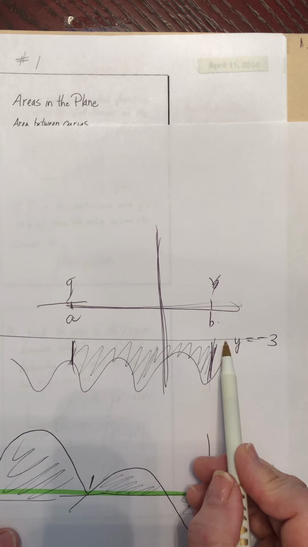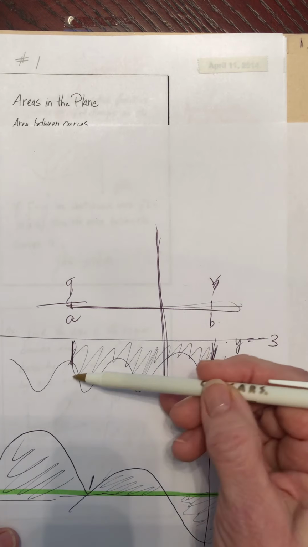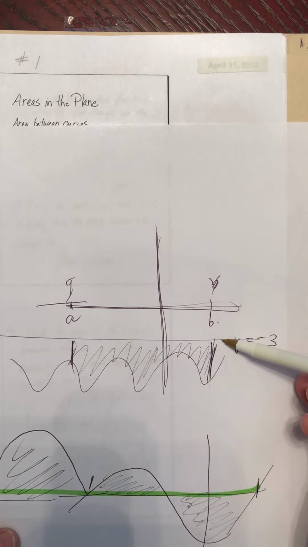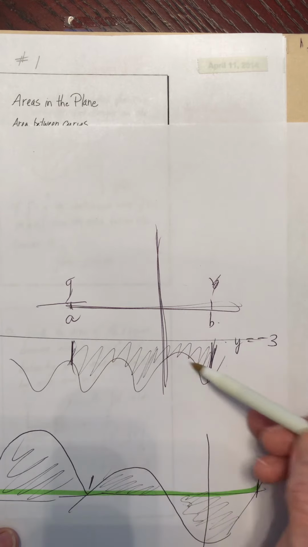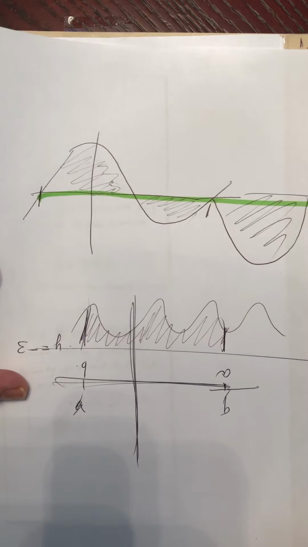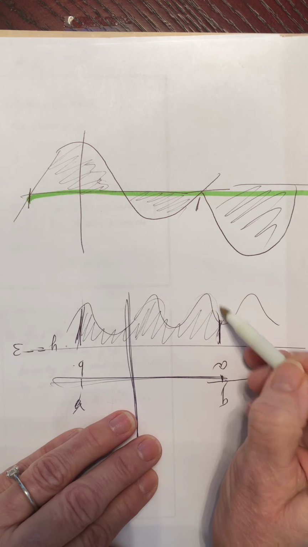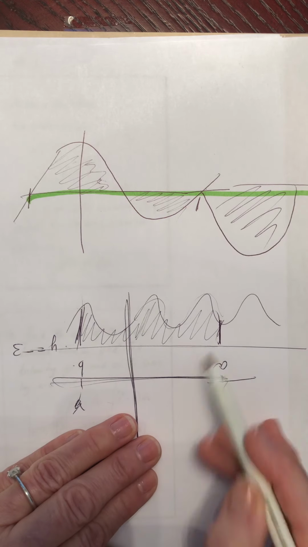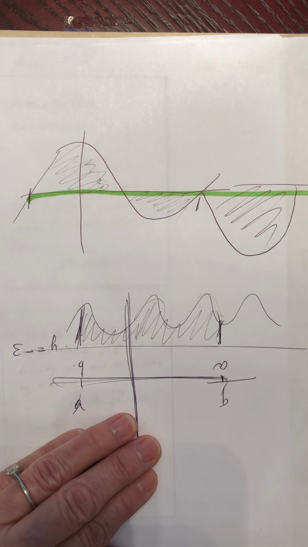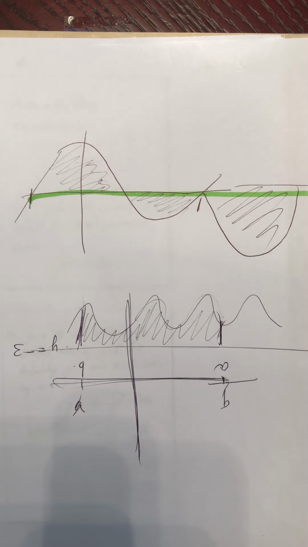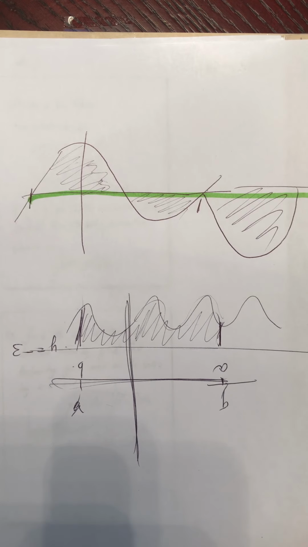This line right now is always higher than this line, so I would call this my high function, and the trig function would be my low function. Had it been the way I originally drew it, and now these things are above the x-axis, the trig graph would be my higher function, and this would be my lower function, because we always want to set it up high minus low.